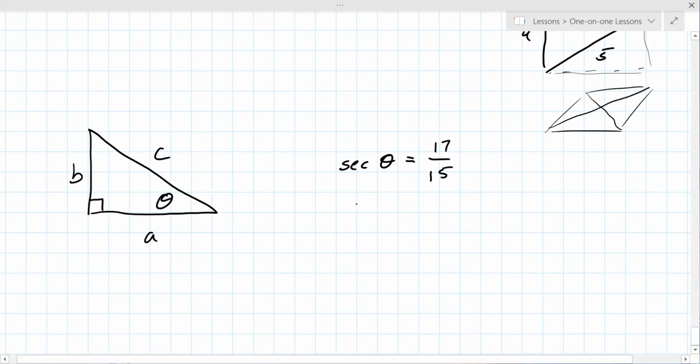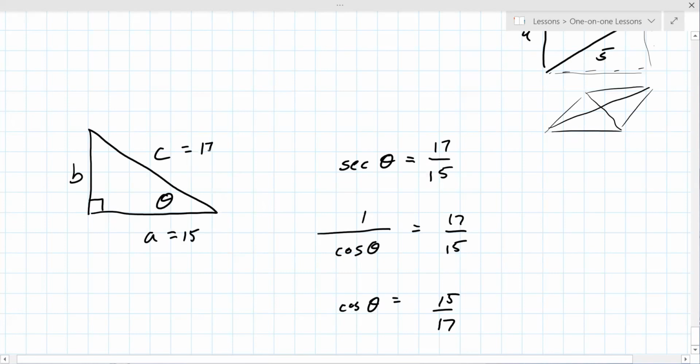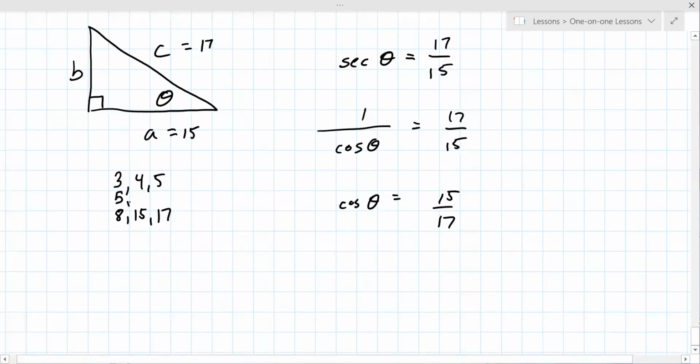Secant is 1 over cosine, so you can rearrange this: when you flip the left, you flip the right, so cosine is 15 over 17. How do you find B? Pythagorean theorem. This one is actually a Pythagorean triple. It's the 8, 15, 17. Isn't there one with 13? Yes, it's the third one.